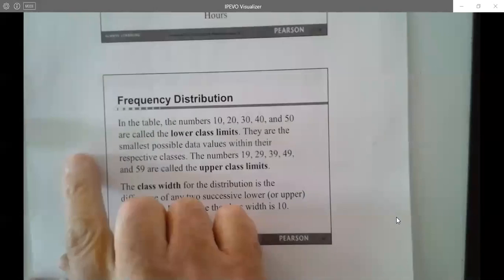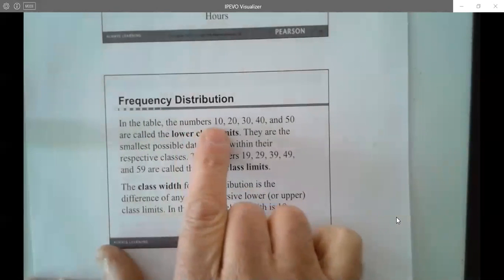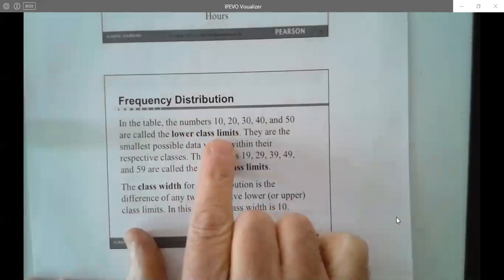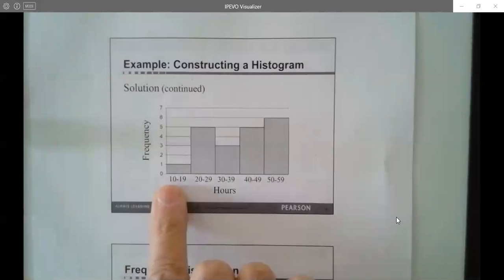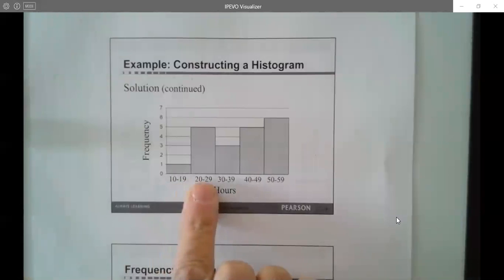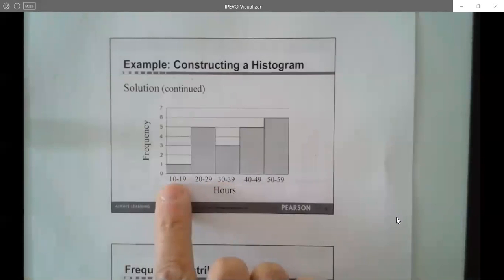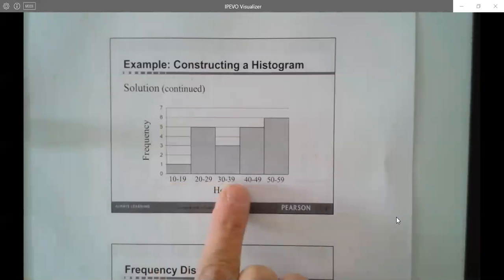Okay, so with frequency distribution, we had the numbers 10, 20, 30, 40, 50 as lower class limits. In our histogram here, 10 to 19, 20 to 29, 30 to 39, the lower class limits were the lower numbers in each class: 10, 20, 30, 40, 50.